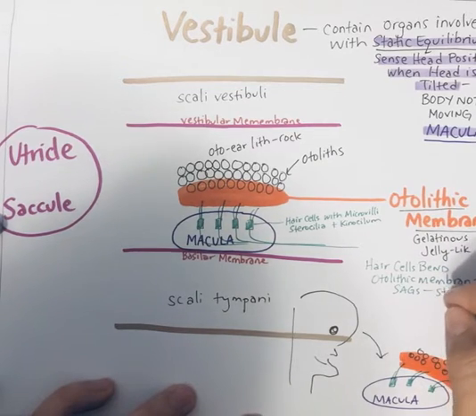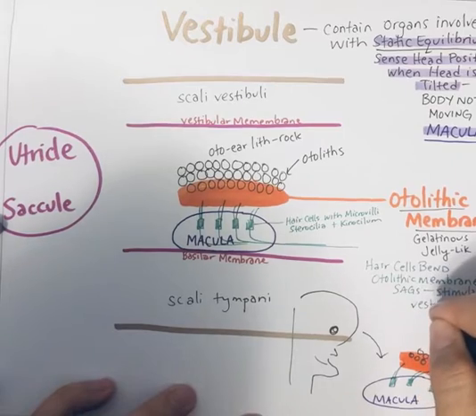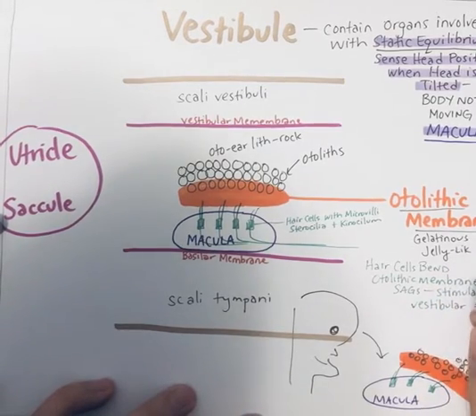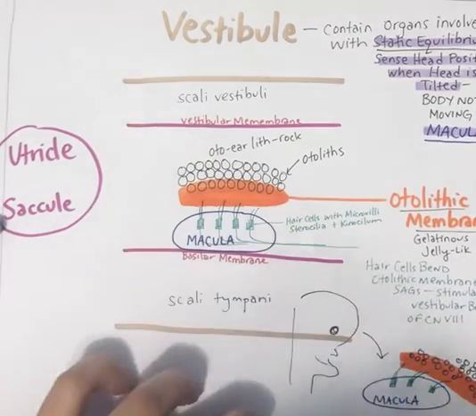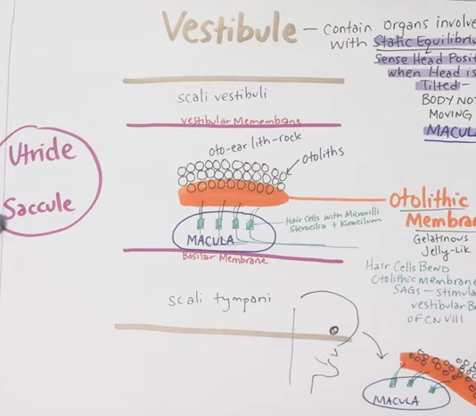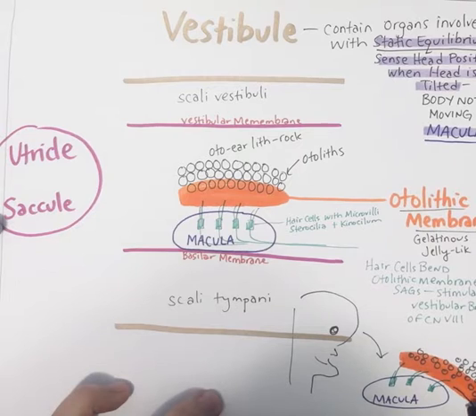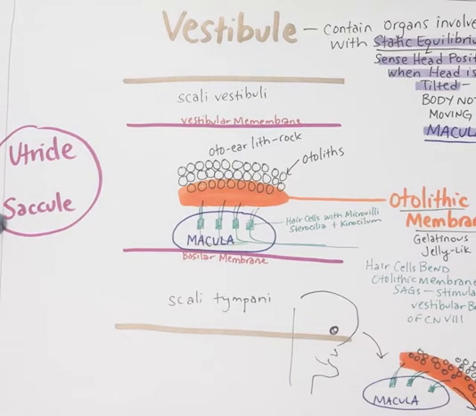This is going to stimulate the vestibular branch of cranial nerve 8. And you say, oh, I'm bending my head forward. So literally, as you bend forward, the otolithic membrane also bends forward, and that's how you know your head is bent forward.